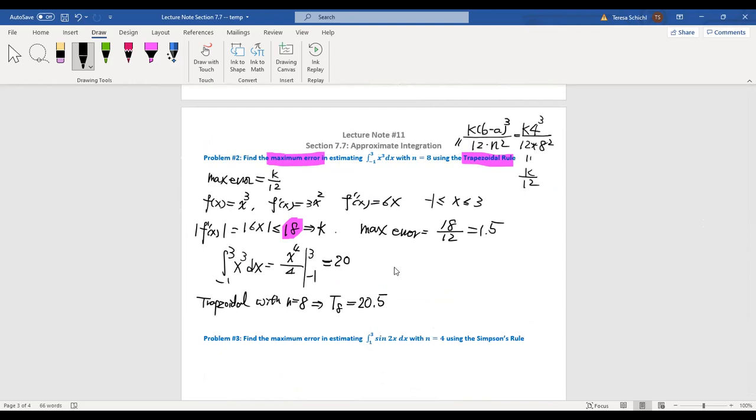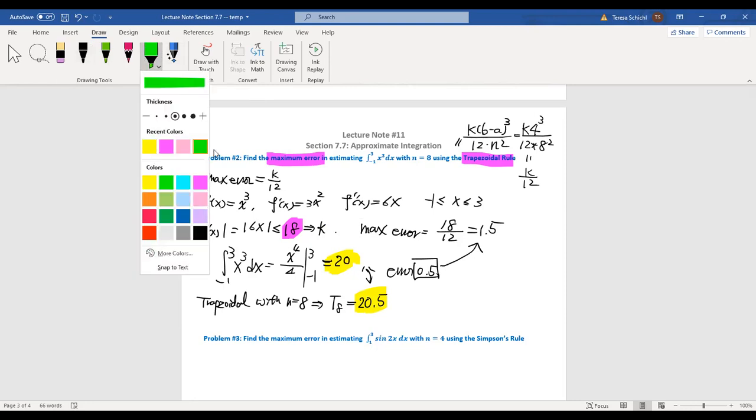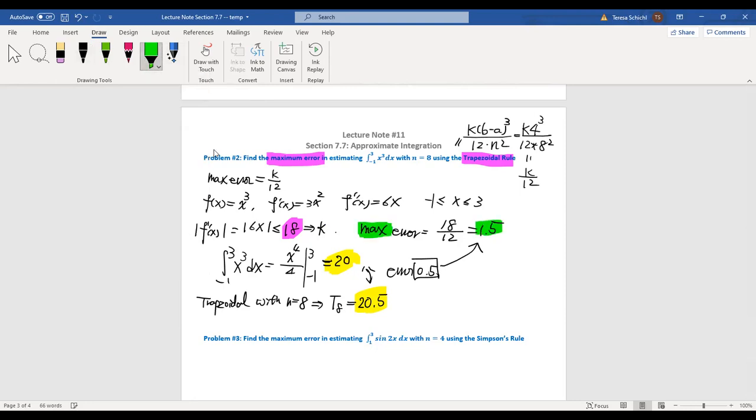So the true value is 20, and the trapezoid is 20.5. The error is 0.5, and this error is within my maximum error of 1.5. So we know this is correct.